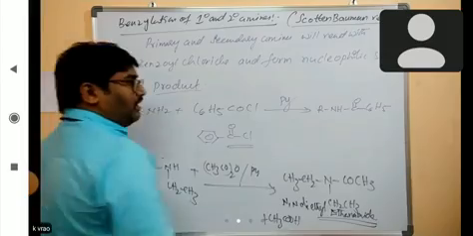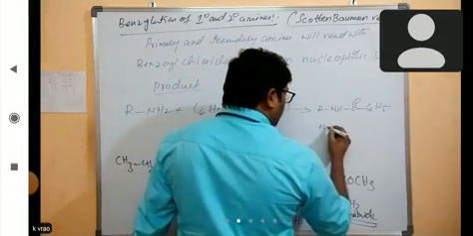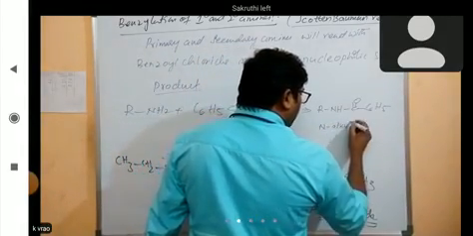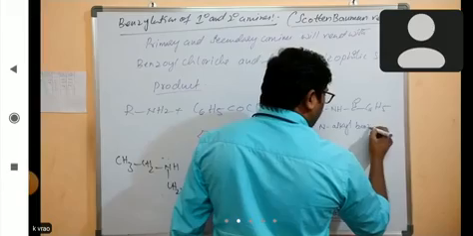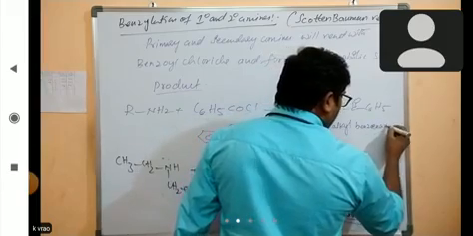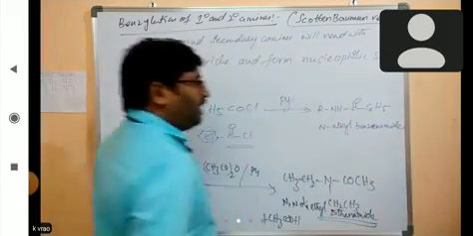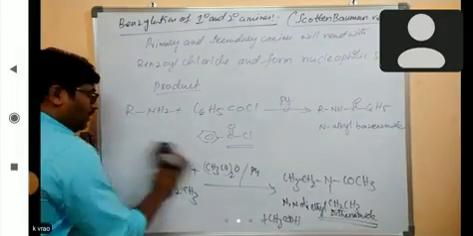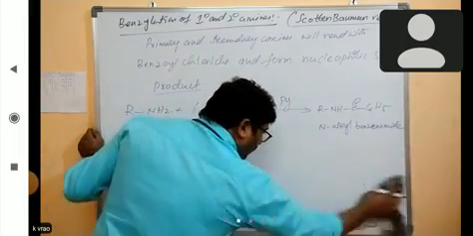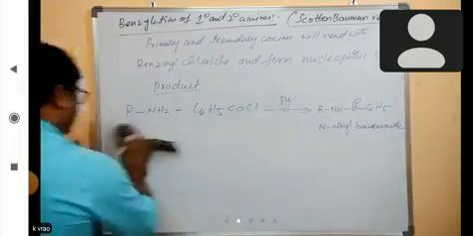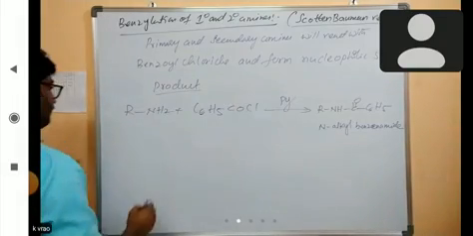This is N-alkyl benzenamide. R is equal to either an alkyl group or an aryl group, an aromatic group.